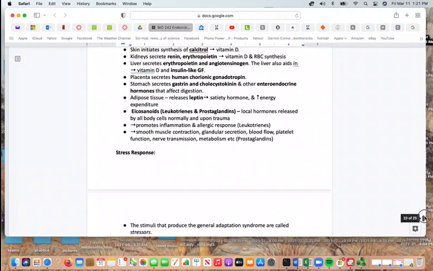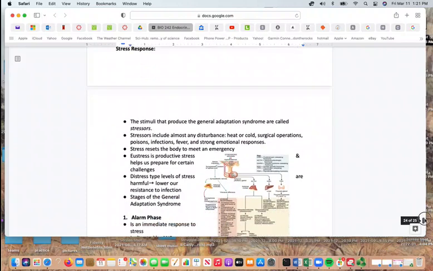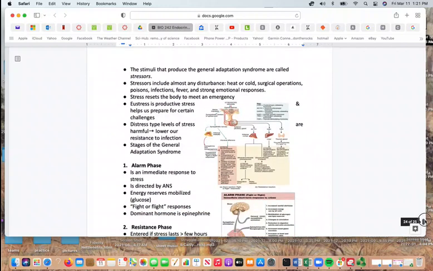So the stress response is going to involve several things in the endocrine system. If you understand the stress response, you inherently have to understand a lot of other parts of the endocrine system. Stressors are the stimuli that will produce the general adaptation syndrome.